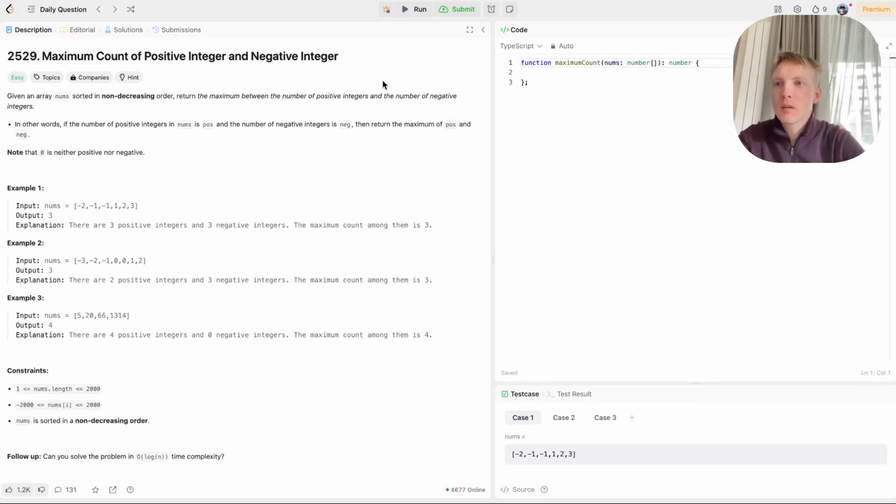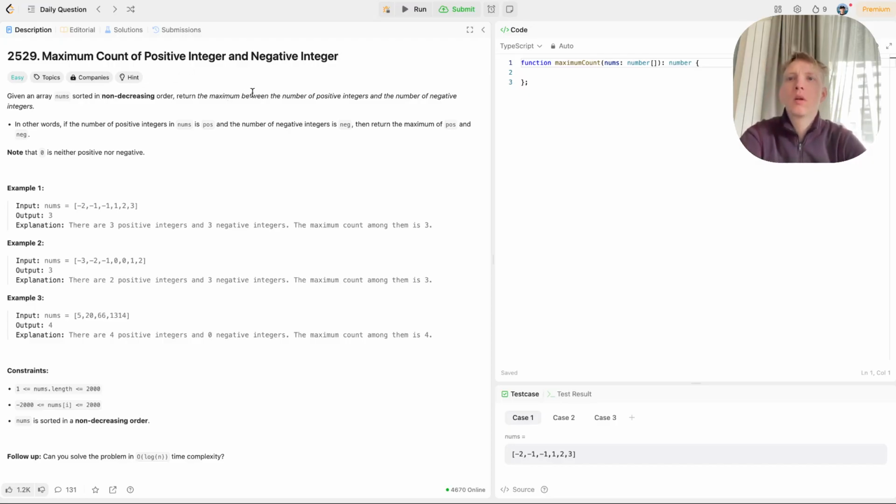Today's task is Maximum Count of Positive Integer and Negative Integer. Given an array nums sorted in non-decreasing order, so increasing or equal, return the maximum between the number of positive integers and the number of negative integers.